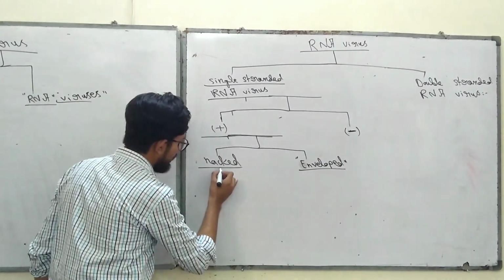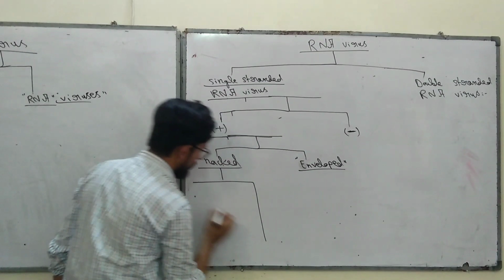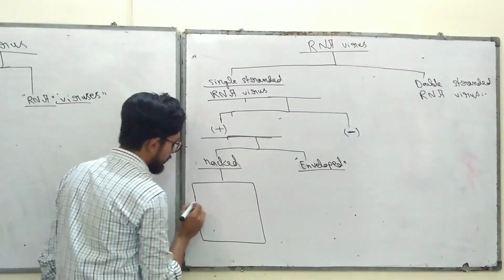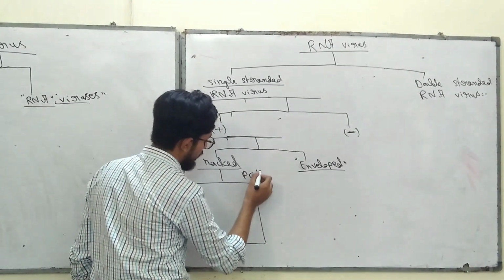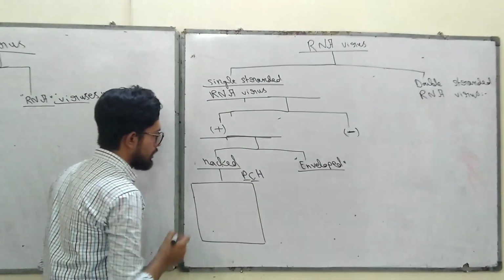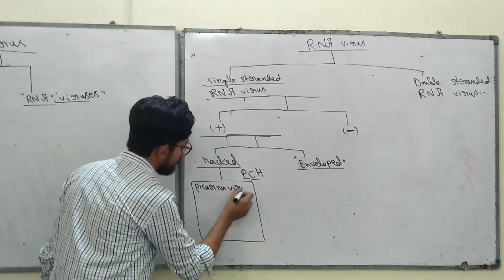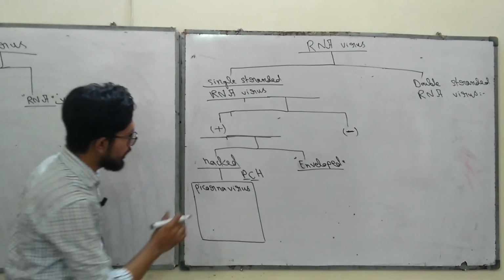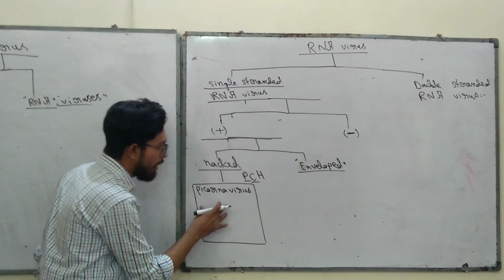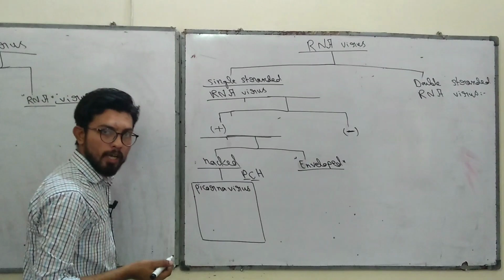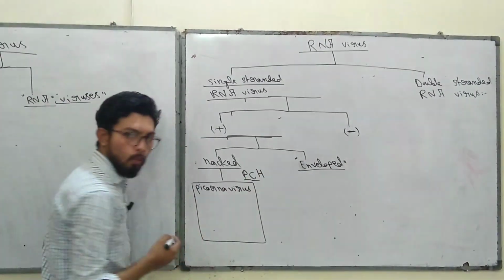There are three types of naked virus. The mnemonic is PCH. First of all, picornavirus. Those I have written here are the families, and these families contain different viruses.